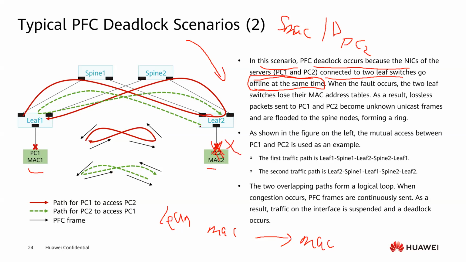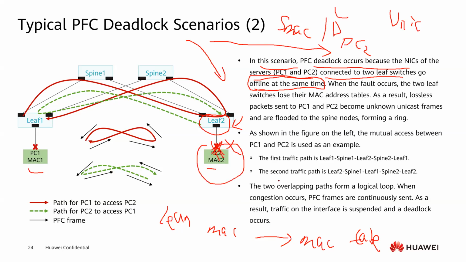So for leaf2, although this frame is a unicast frame, the MAC address table entry about this destination has disappeared.